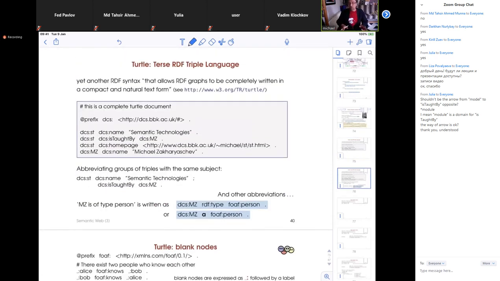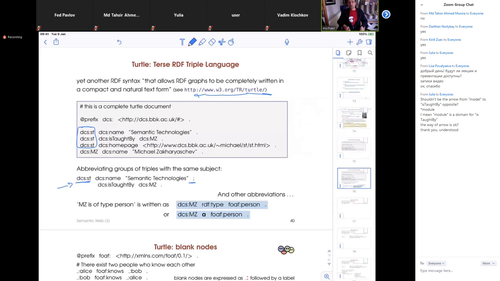Of course, there are lots of abbreviations. I'm not going to show you all of them. If needed, you just click here or go to Wikipedia, and you will find basically all the abbreviations in the Turtle language. Just mention the following: if I want to be lazy, say here three times I have the same subject, instead I can write a full triple with this subject, and then a semicolon.